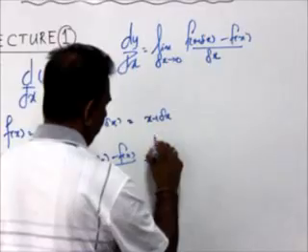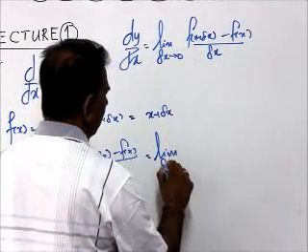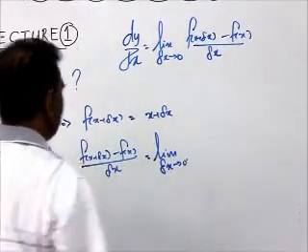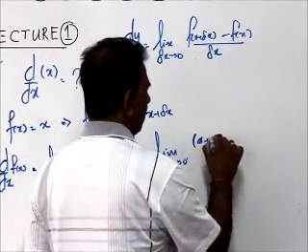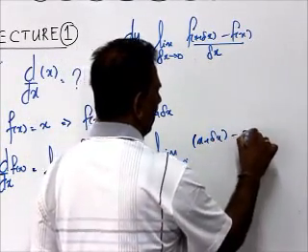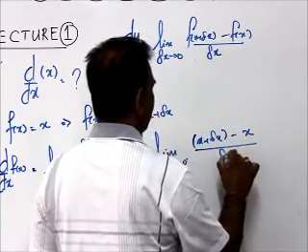So this is equal to the limit as delta x tends to 0. What is f of x plus delta x? It is x plus delta x. So x plus delta x minus x over delta x.